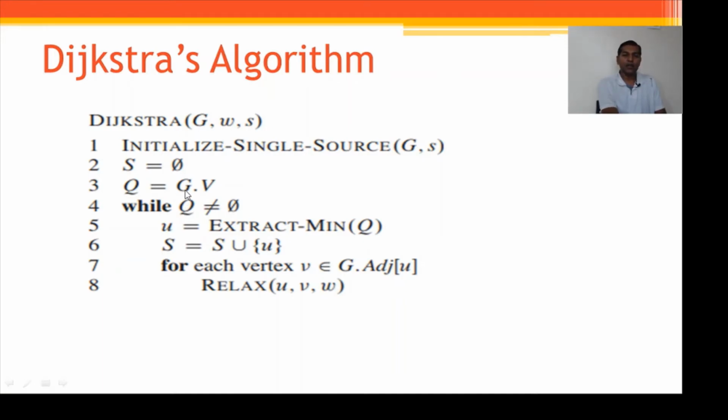All the vertices have an attribute of storing the distance from the source. Initially that is infinity, so v.d is infinity. Depending on this distance, we will be choosing the vertex for the next path selection.